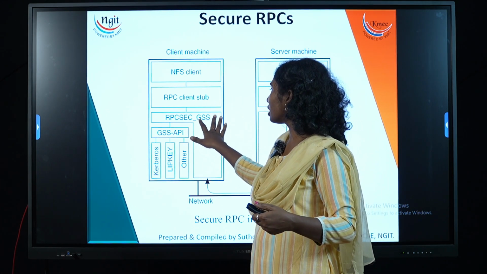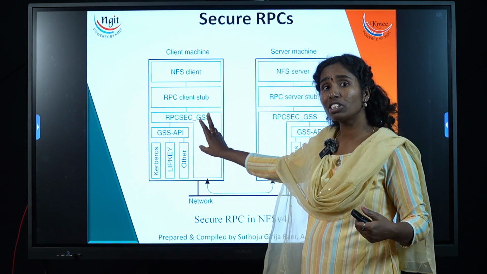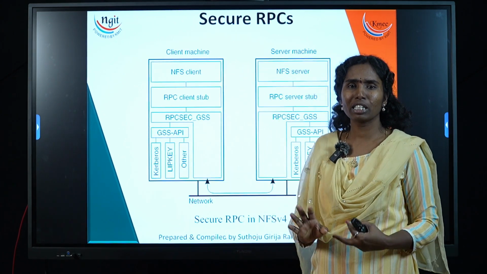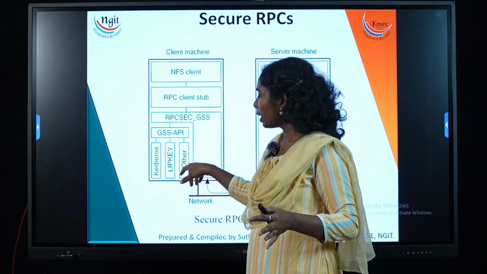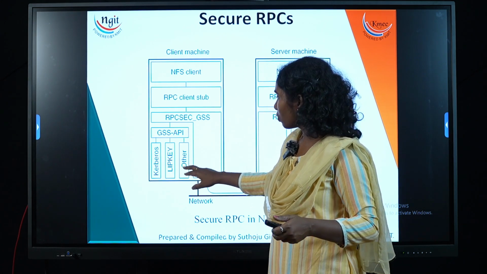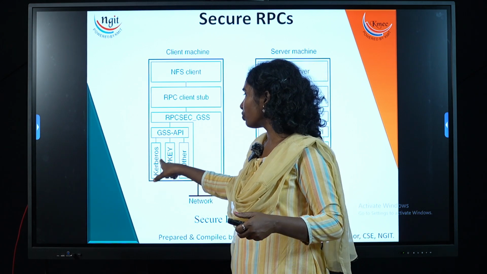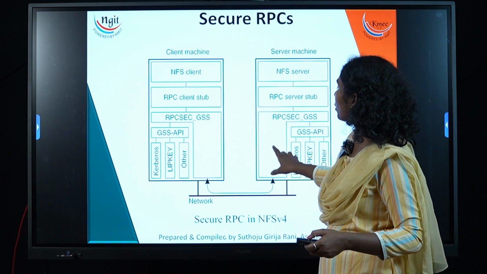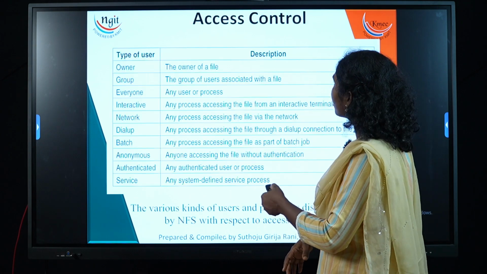This generic security service is an API which internally enables libkey and also Kerberos, and whatever certifications we require will be enabled in this. Libkey is nothing but a low infrastructure public key, and Kerberos is used for all the authentication purposes. Like this, we enable whatever is required for that particular framework.